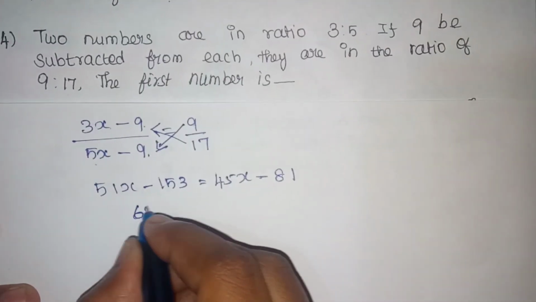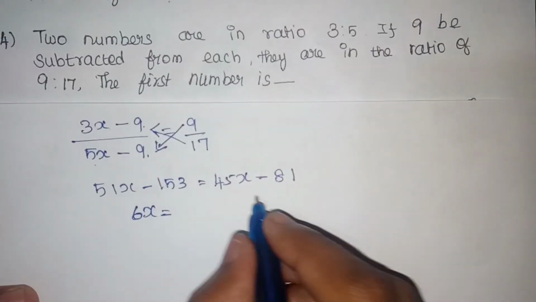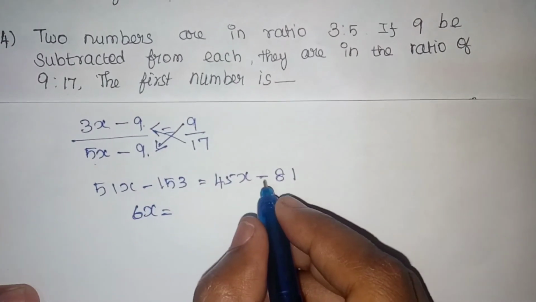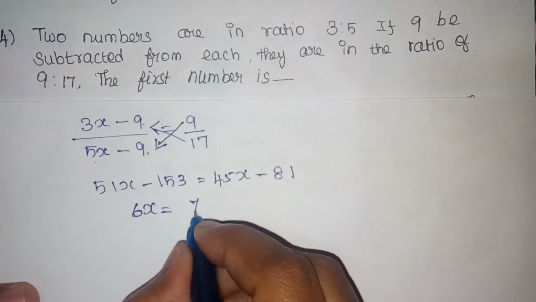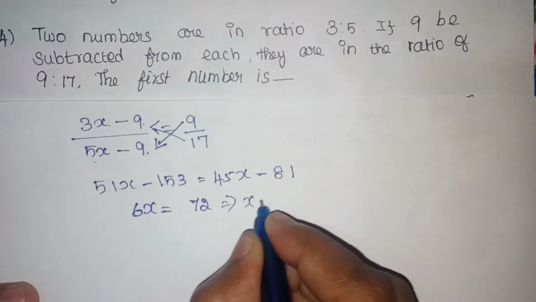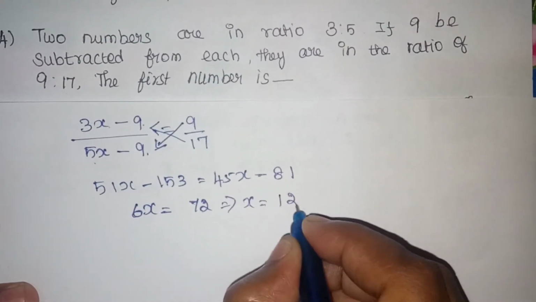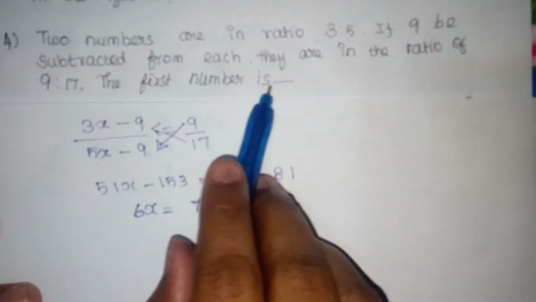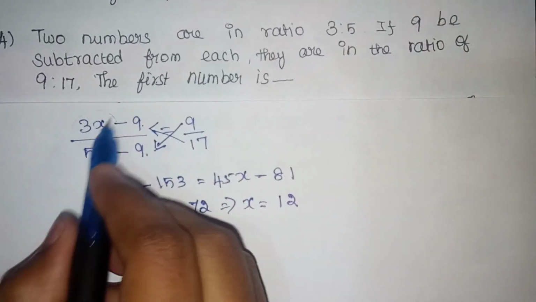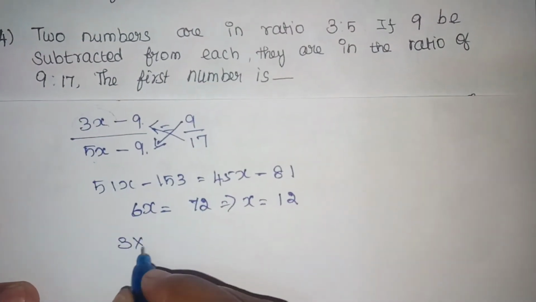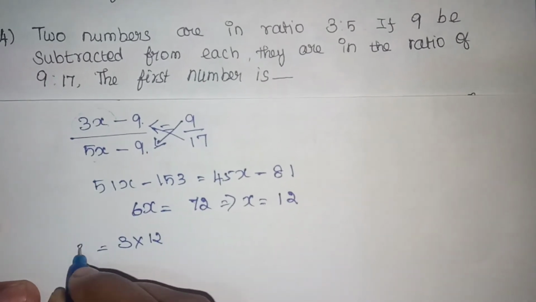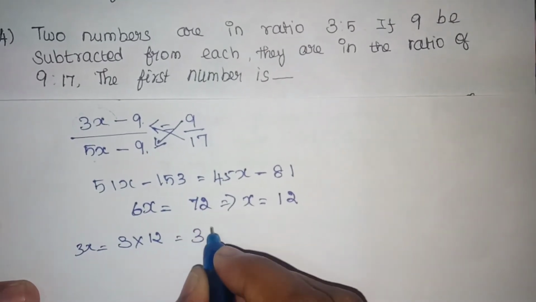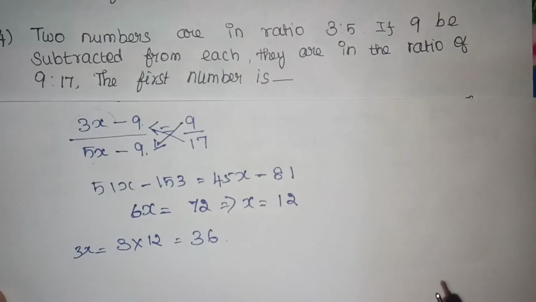So on subtracting, I'll get 6x will be equal to 153 minus 81, that is 72. So value of x will be equal to 12. Here the problem asks for the first number value. So first number value is 3x. So 3 into 12, answer will be 36. The first number will be 36.